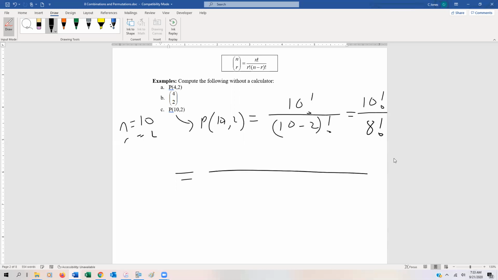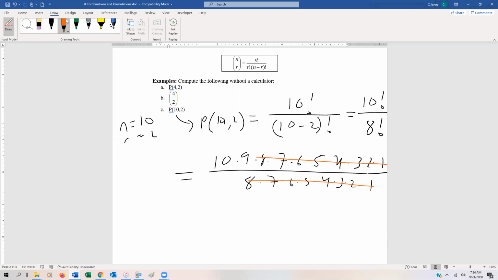So we know that 10 factorial is 10 times 9 times 8 times 7 times 6 times 5 times 4 times 3 times 2 times 1. 8 factorial is 8 times 7 times 6 times 5 times 4 times 3 times 2 times 1. And just like we did in the other 2 examples, now we can just cross those out, and we're left with 10 times 9, which is 90.